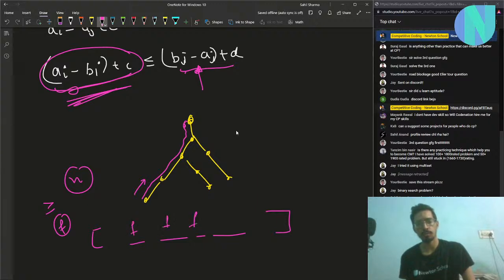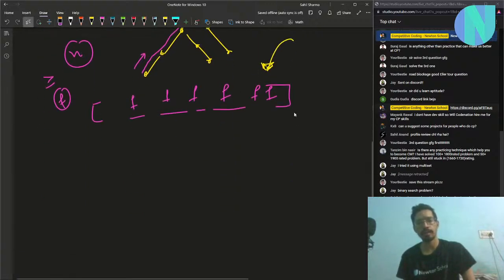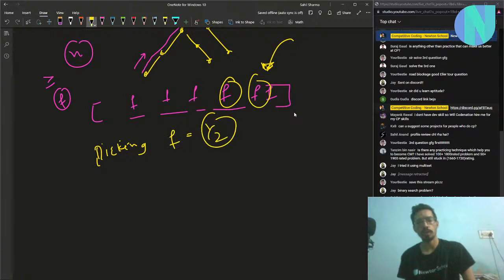So if you take a random algorithm that picks a random element, it is very highly likely that you will pick f, because the probability of picking f is equal to 1 by 2. So if you pick a random element 10 or 12 times, you will definitely land on f.